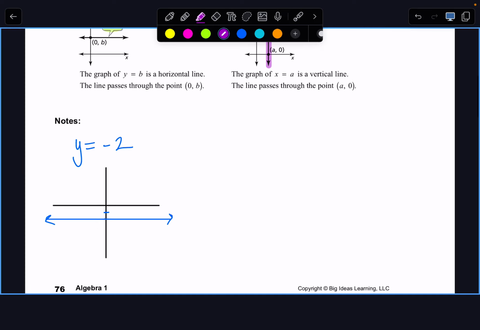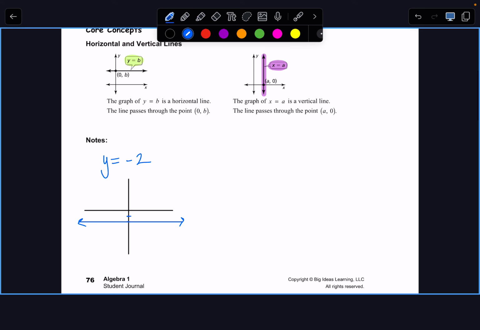So if I ask you to graph x equals 5, let's just pretend, then on my xy axis, I'm going to come over here to x equals 1, 2, 3, 4, 5. And we're going to graph a vertical line.